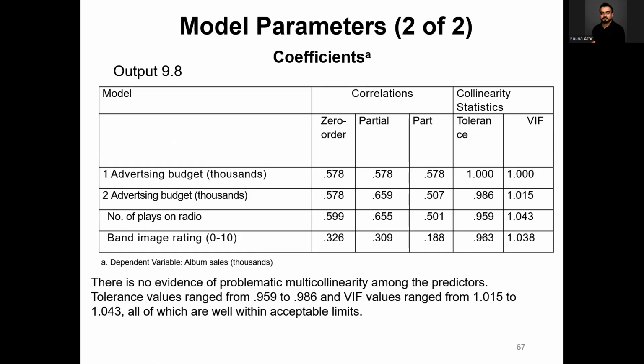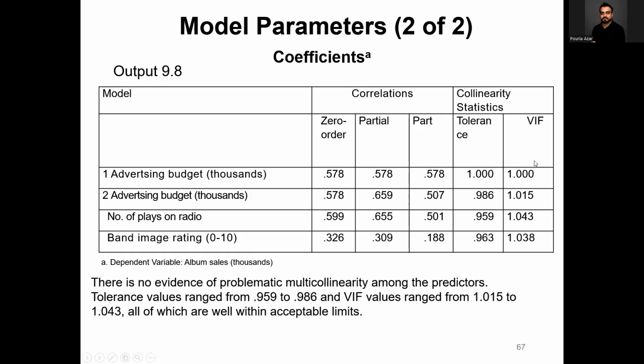So we have to look at columns 2, 3, 4, which indicate the multiple linear regression model. That's why the tolerance ranges from 0.959 to 0.986. So don't look at this one because this is for simple linear regression.